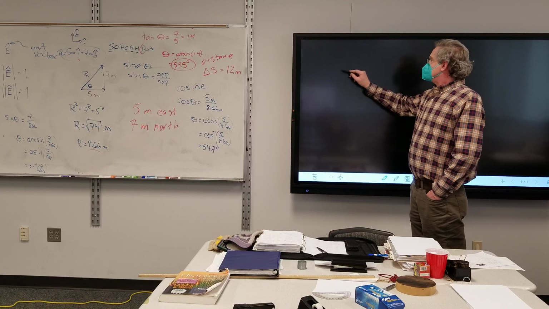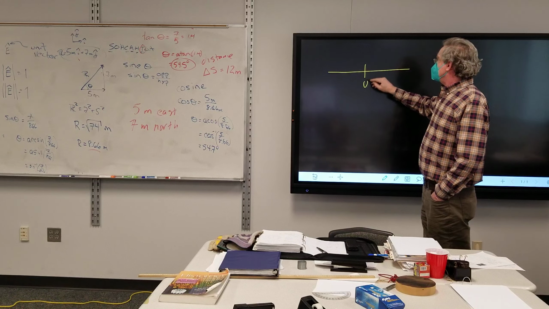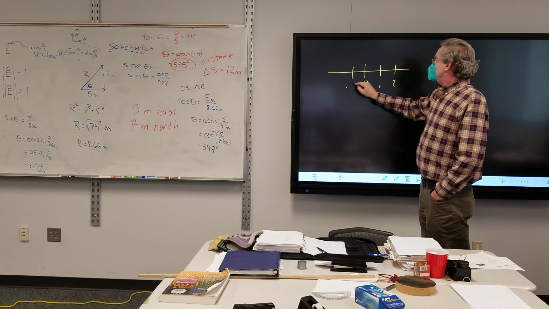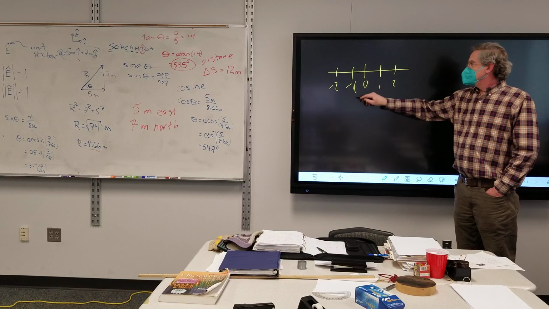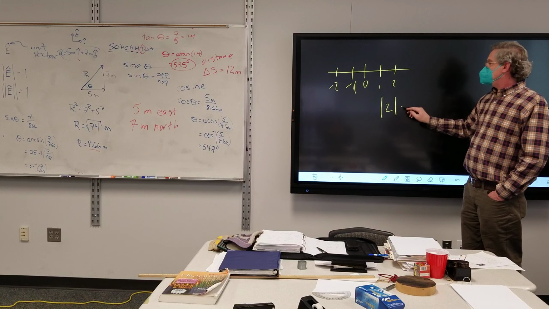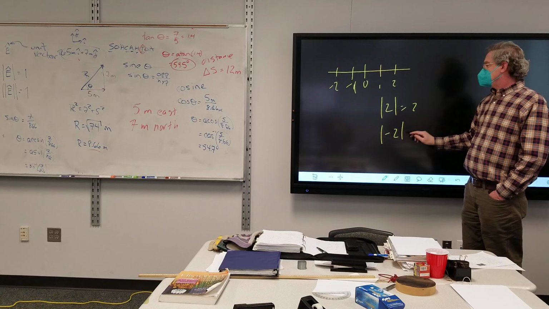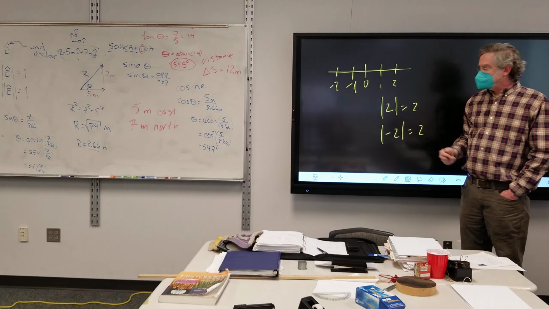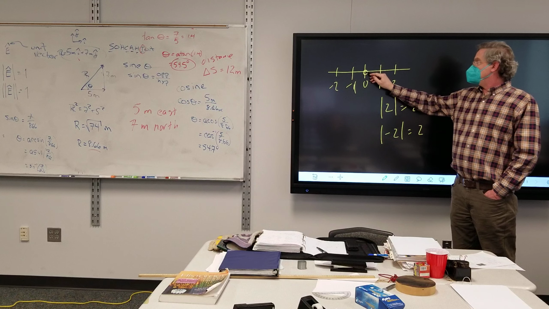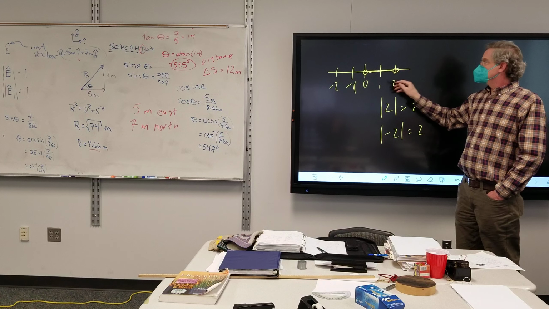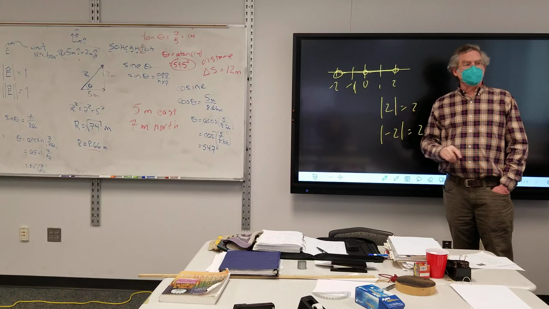If I think about a number line, that's 0, 1, 2, -1, -2. The absolute value of 2 is 2, absolute value of negative 2 is also 2. So if you think about absolute value as the shortest distance from 0 to whatever you're taking the absolute value of.